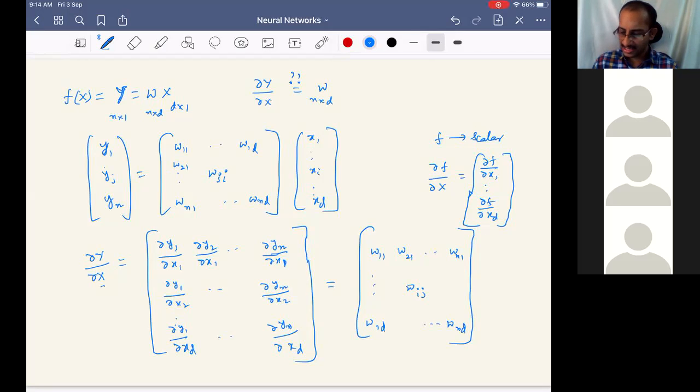The dimension is D cross N, and hence in terms of matrix, this is equal to W transpose. So by our definition, dou y by dou x is a matrix of dimension D cross N, or W transpose directly. Fine.